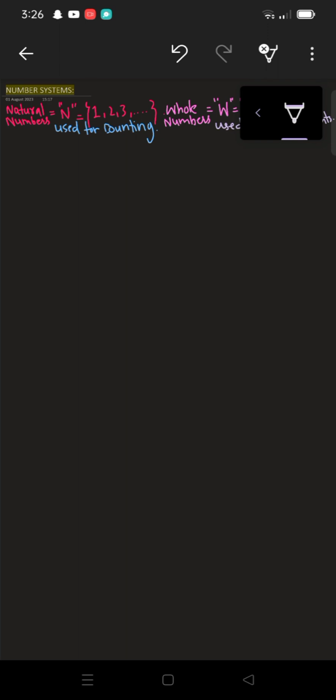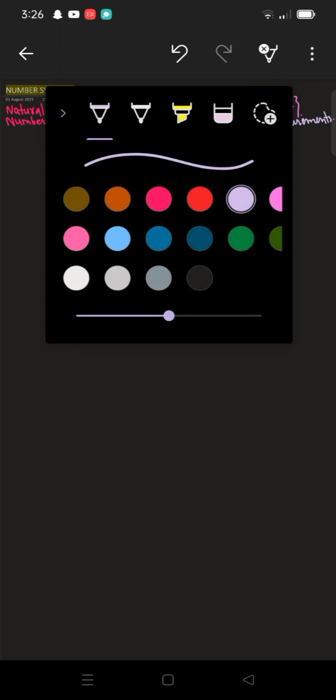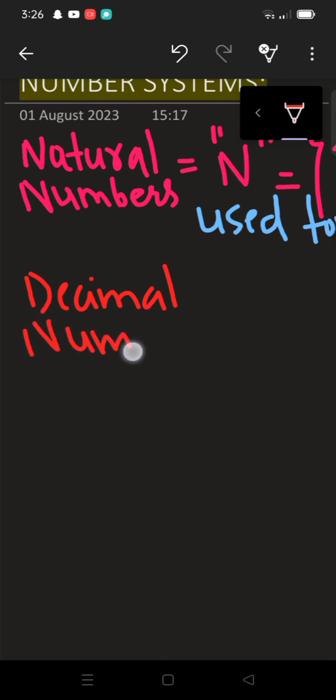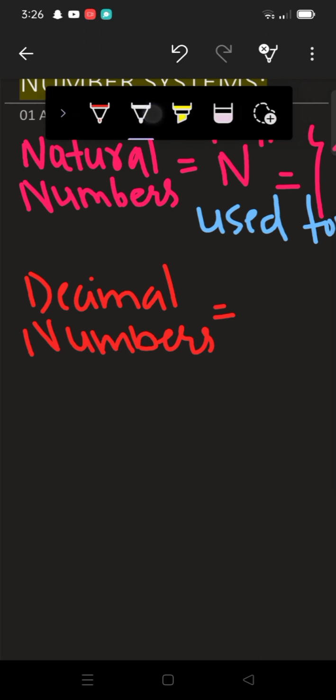Now we have decimal numbers. How many total decimal numbers do we have? We have total decimal numbers equal to 9. Not 9, however 10. So we have basically total 10 decimal numbers. How are they 10?